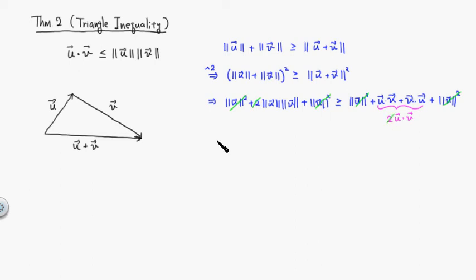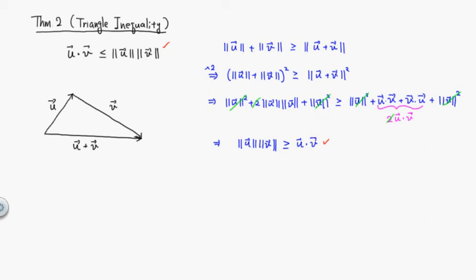Then you end up getting that the norm of u times the norm of v is always larger than or equal to u dot v. That's how they got this triangle inequality, so this is why it is called the triangle inequality.